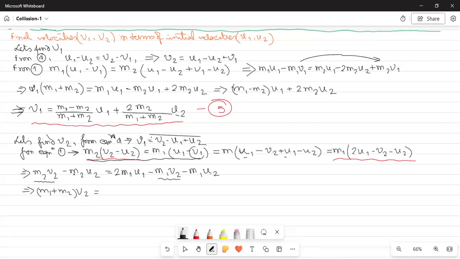So this m2 u2, when it comes to the right hand side, it will become plus m2 u2, so (m2 minus m1) u2 plus 2 m1 u1.